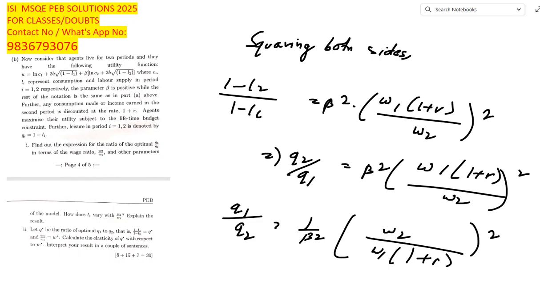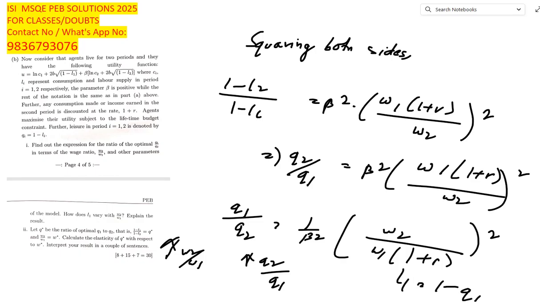Now the question arises, how does L1 vary with W2 by W1? From the equation above, you can see that the higher W2 by W1 is, the more Q2 by Q1 increases, meaning Q1 increases relative to Q2 and L1 decreases, because L1 is equal to 1 minus Q1.